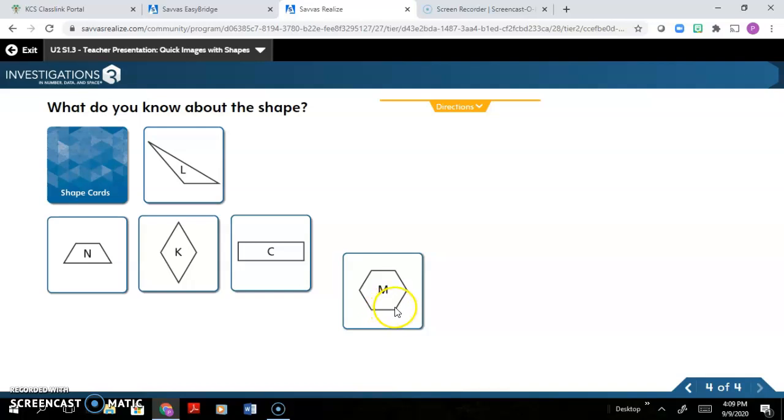There's 1, 2, 3, 4, 5, 6. Ooh, and it also has 1, 2, 3, 4, 5, 6 points. This is called a hexagon. A hexagon is a shape with 6 straight lines, or 6 straight sides.